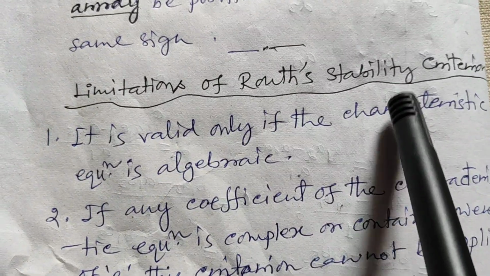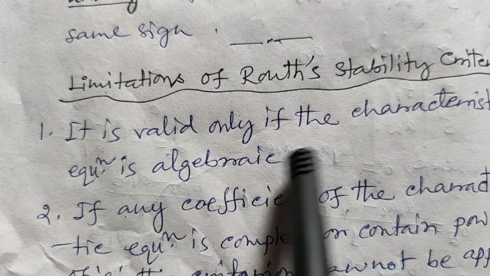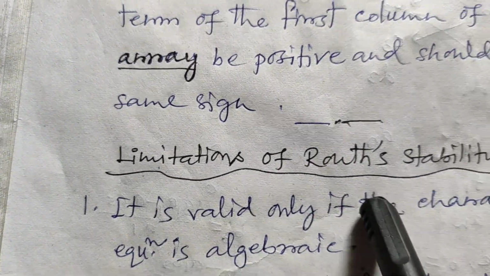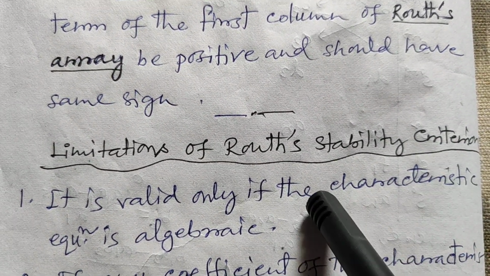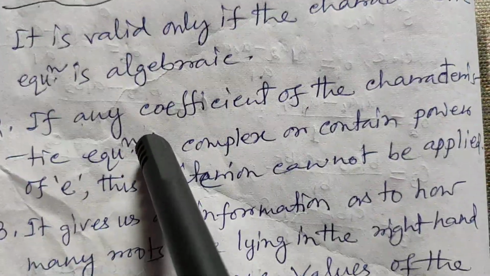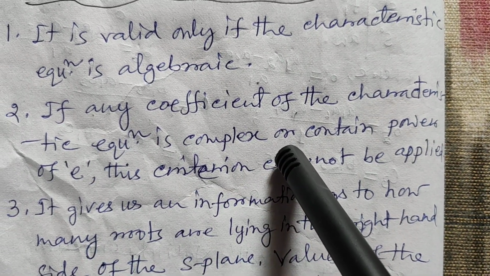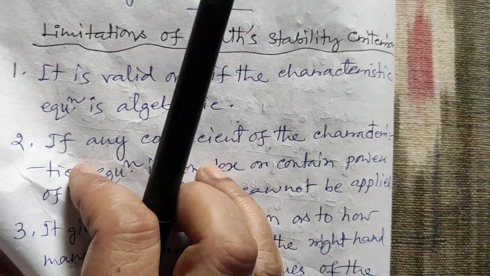Limitations of the Routh stability criterion. It is valid only if the characteristic equation is algebraic. If the characteristic equation is an algebraic equation like this, only in that case does the Routh stability criterion apply, otherwise not. This is a limitation of the Routh stability criterion. Second, if any coefficient of the characteristic equation is complex or contains a power of e, this criterion cannot be applied.